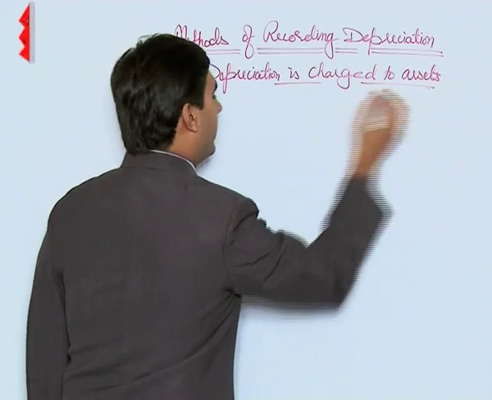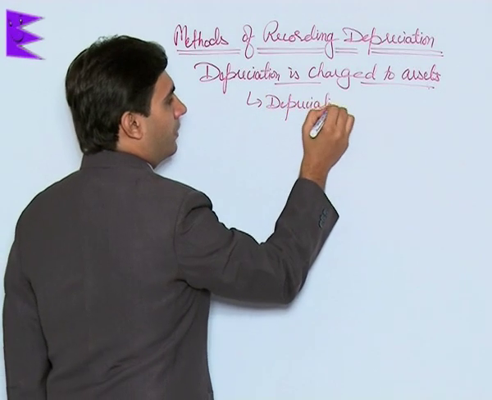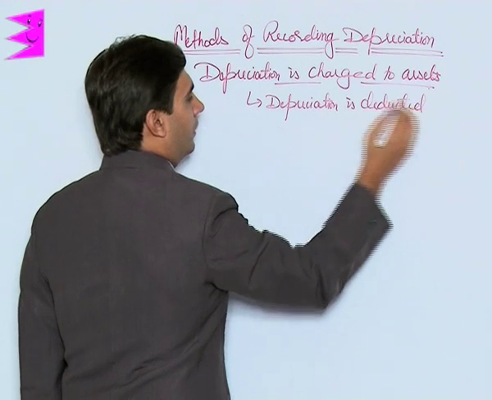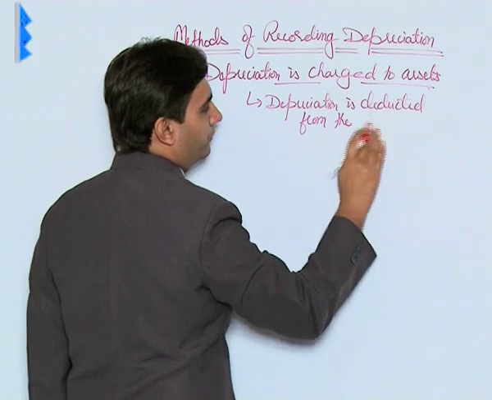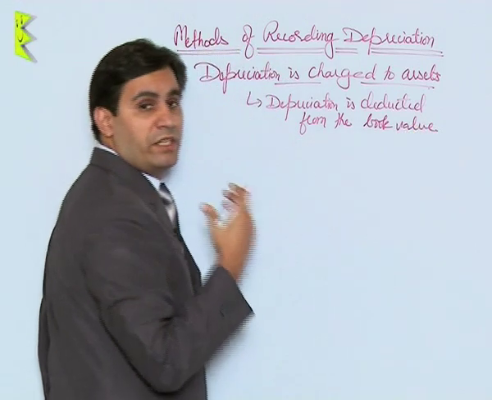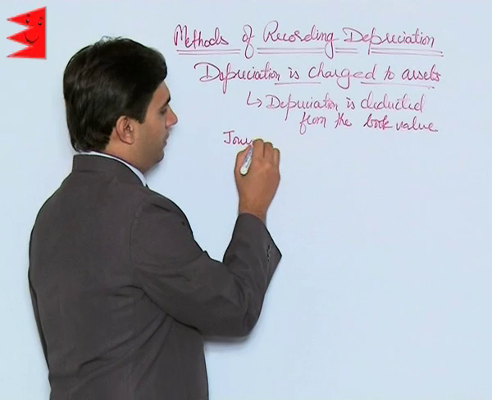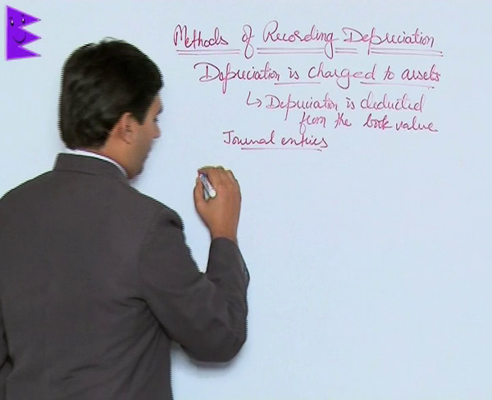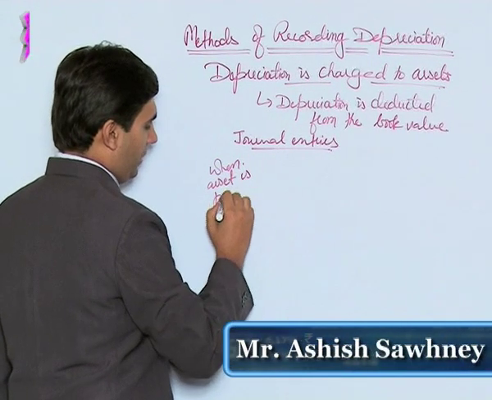That means in this case, depreciation is deducted from the cost or the book value in machinery or in asset account only. So journal entries in this case would be journal entries when asset is purchased.